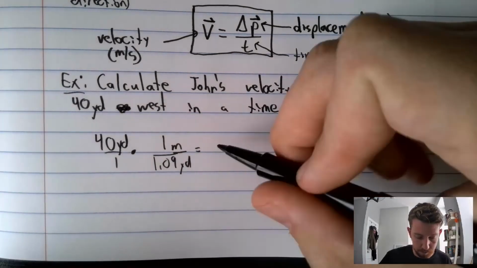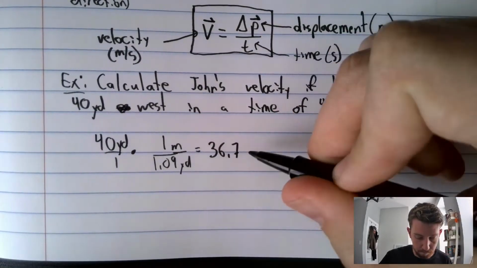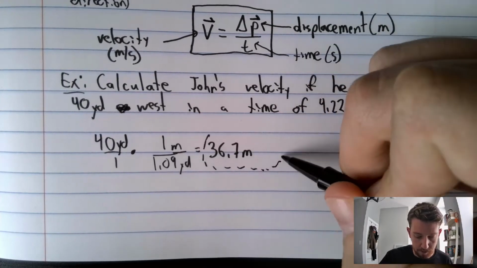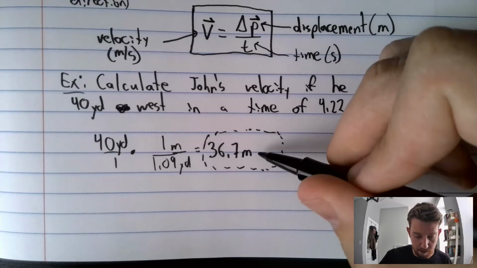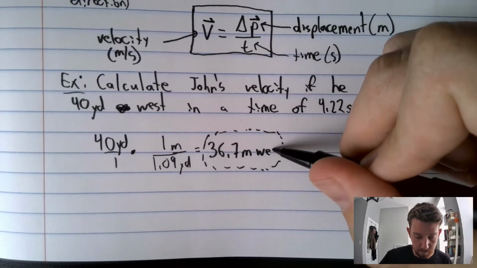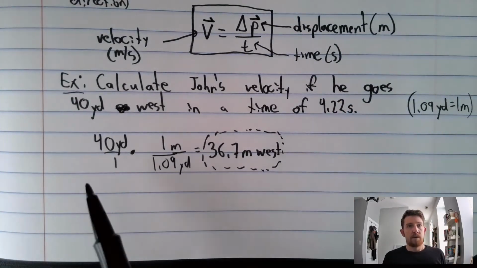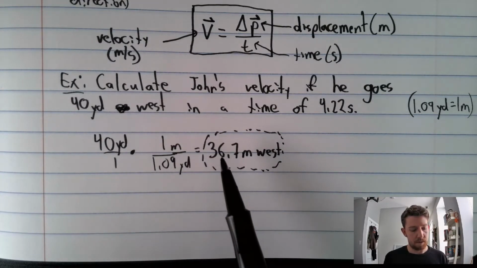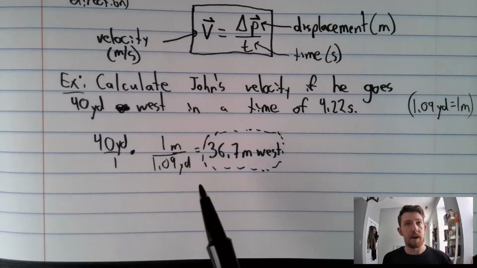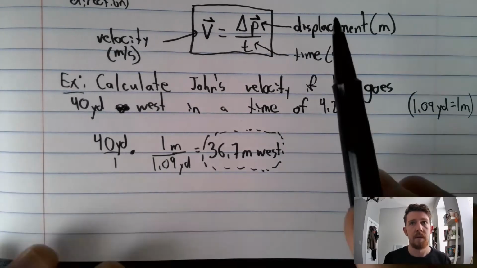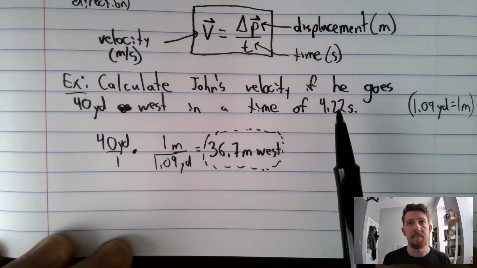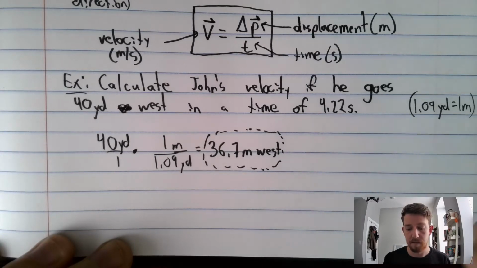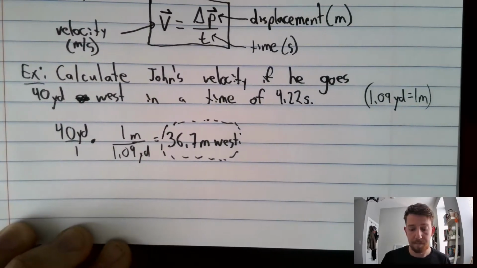That's 36.7 meters. And just as a little reminder for myself, I'm going to write west. So 40 yards west is the same as 36.7 meters west. 4.22 is our time. We'll go ahead and try to calculate our velocity here.